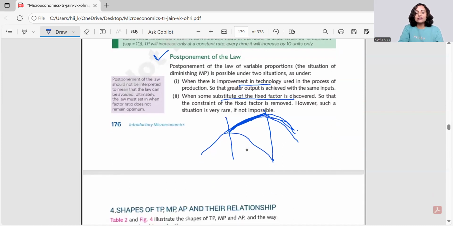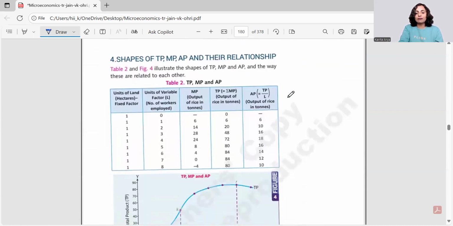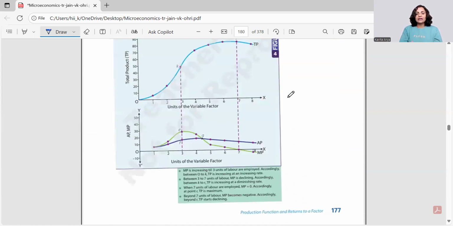And when it comes to the relationship between TP, AP and MP, we have already talked about all the three. All three, TP, AP, MP, rise in the first stage. All three, TP, AP, MP, fall in the third stage, right? But MP is negative here, right?